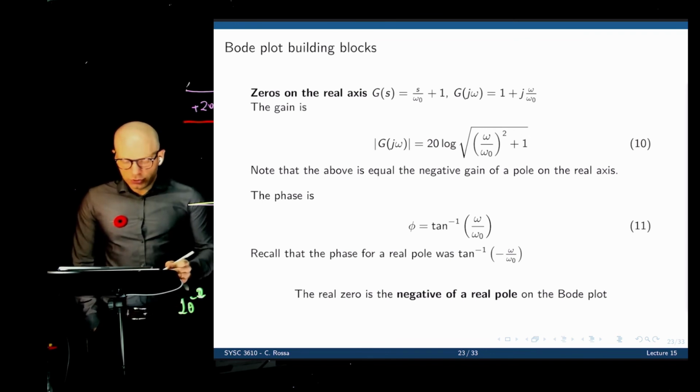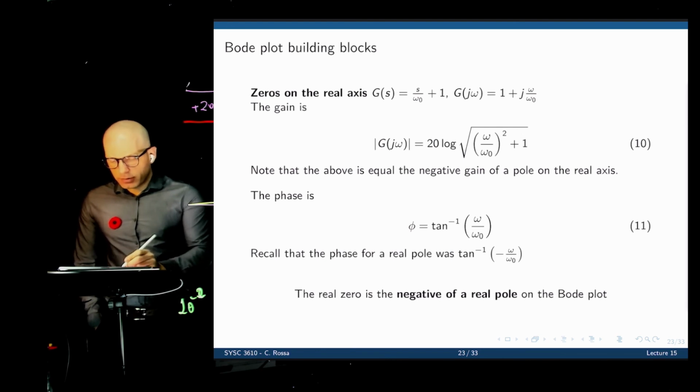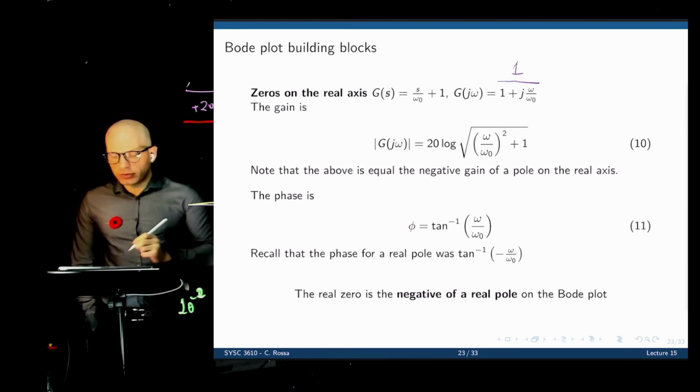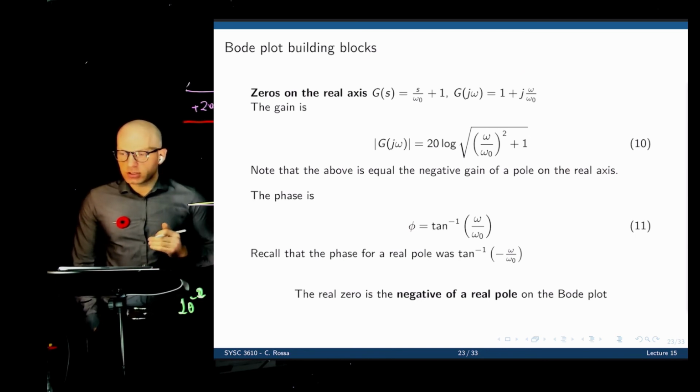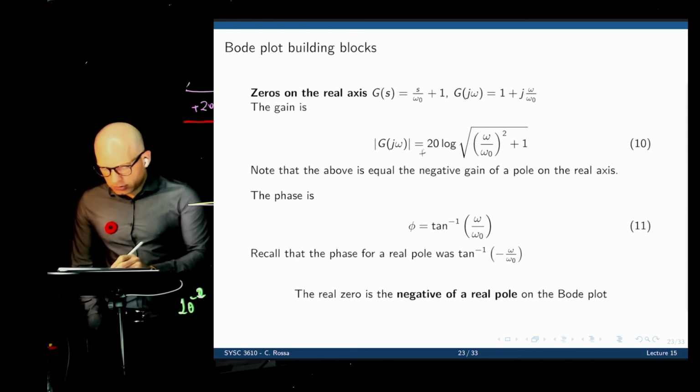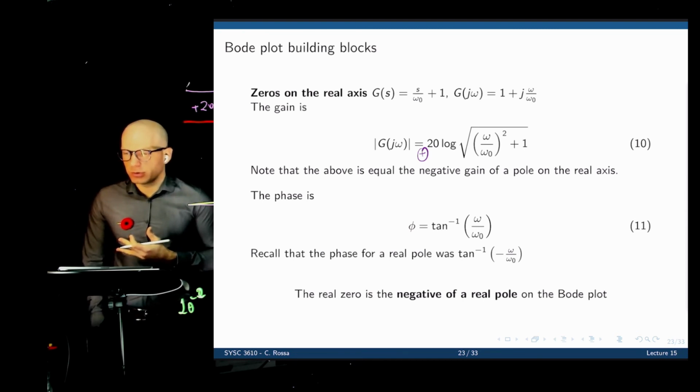I'm not going to go through the entire derivation, but the only difference is that we had 1 over this for the pole. So this 1 is gone, which means the negative sign is gone in the log when you do the log property. And because of that, the magnitude now is the positive log of this thing, the opposite of the pole on the real axis.